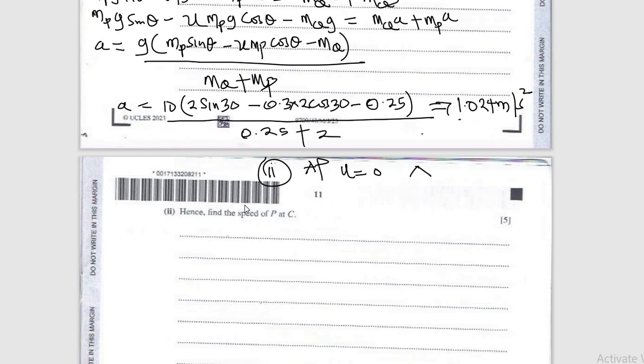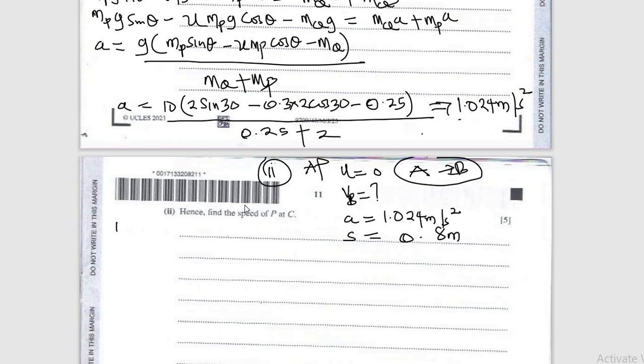I'm considering the section A to B. Velocity at A is 0, the velocity at B is unknown. But the acceleration between that section is 1.024 meter per second squared, and the distance between that section is 0.8 meter.